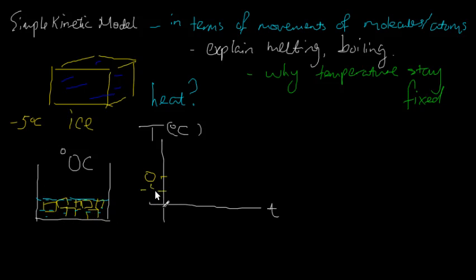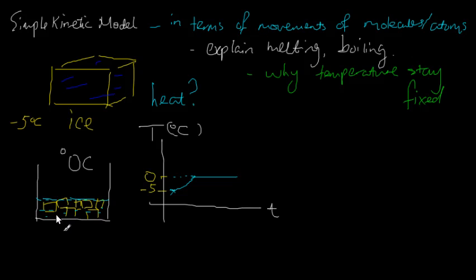At first the temperature will be -5, and then after some time, as I put this bucket in the room, the temperature warms up. No water yet because it's still below 0, and then when it reaches 0 degrees, it starts melting. As it melts, there will be some ice and some water, but the temperature will stay exactly the same while it melts. As long as there's some ice left, it will stay the same.